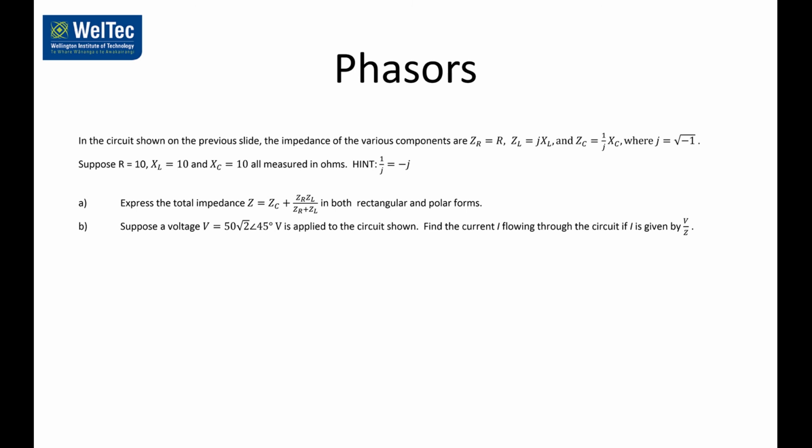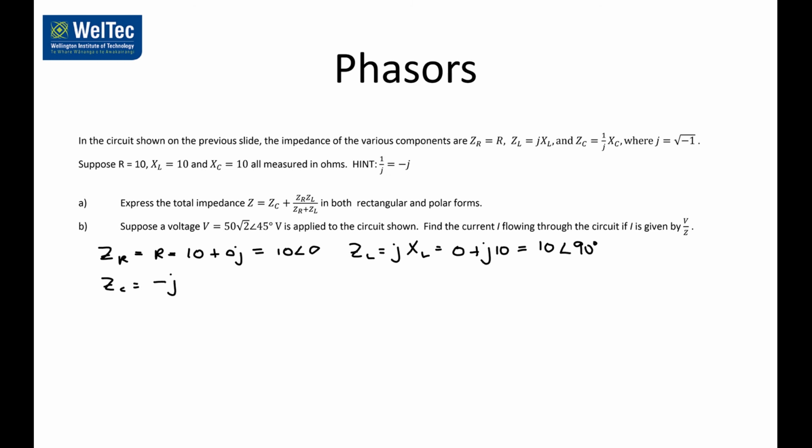So we can work out that Z is equal to R, which if we convert to a complex number, we can write it in polar form, and Z subscript L, and put that in polar form, and ZC, and that's 0 minus J10, which is 10 angle negative 90.